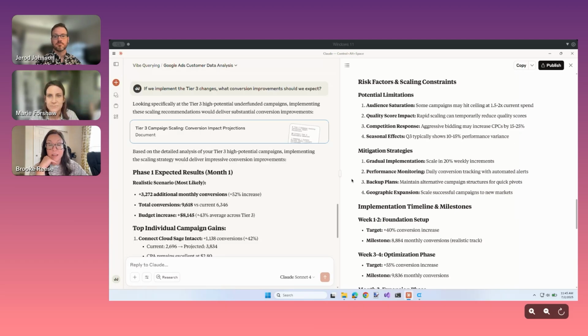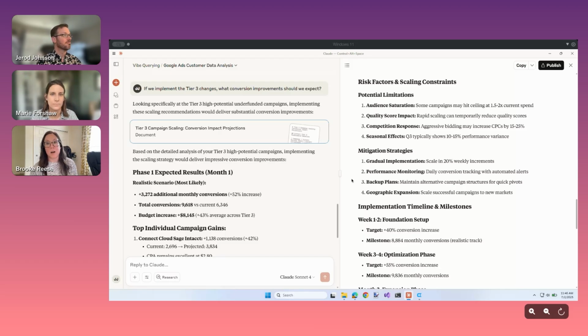Yeah, I really like that they have that section too, because these are obviously some concerns that I would have too. So it's great that it outlines them here. I think the audience saturation is certainly a big deal, especially with audience targeted campaigns, like those display campaigns I mentioned in the last slide. We have to understand the size of our campaigns, because if we're constantly reaching the same people, you're going to start to see declines in performance.